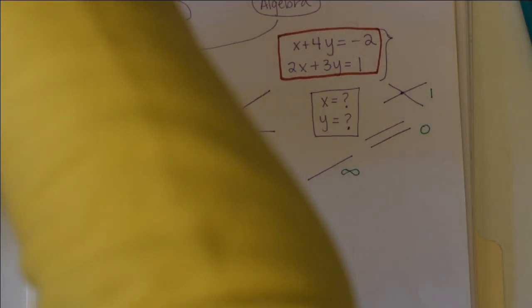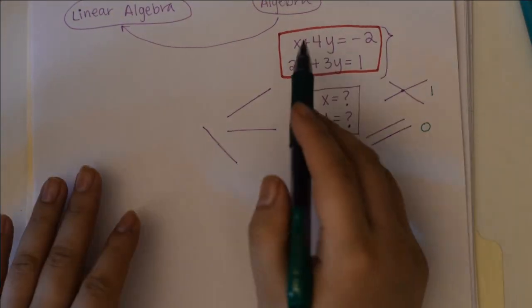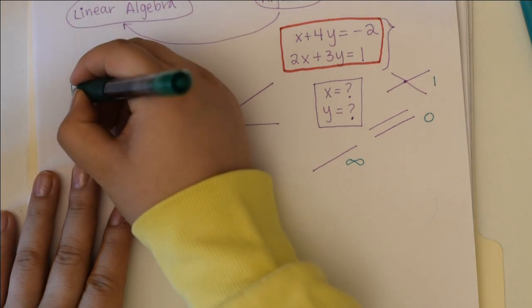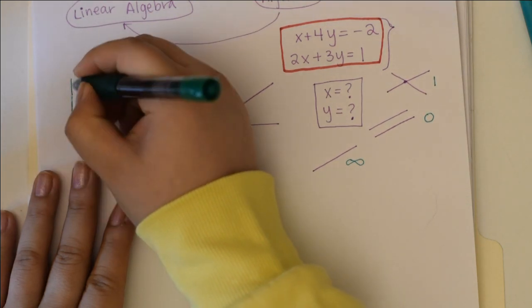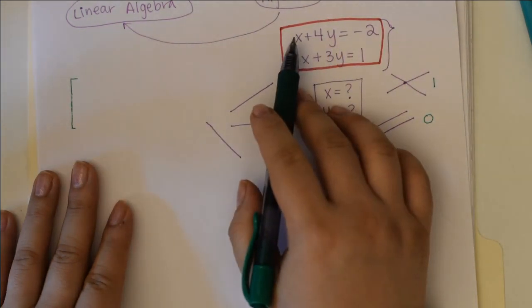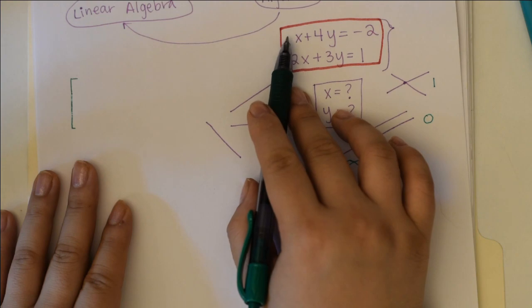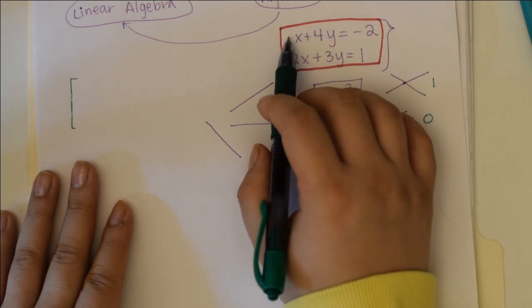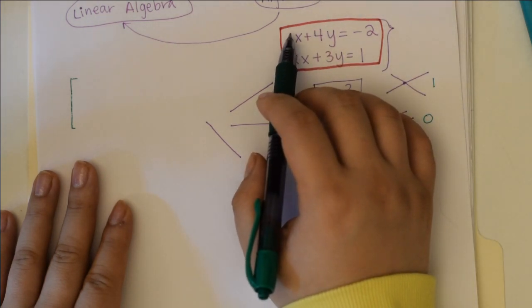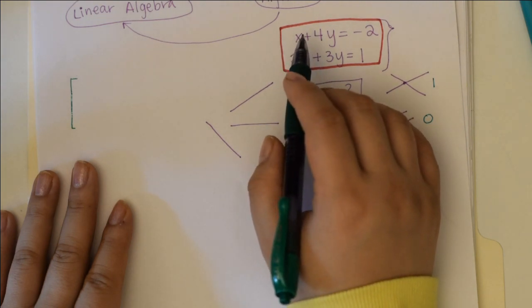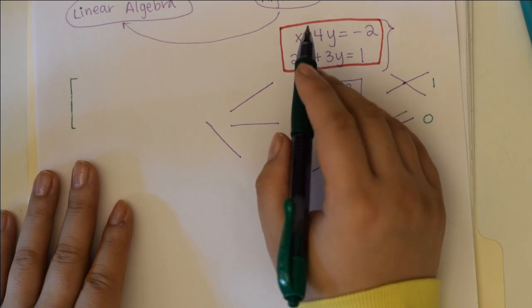So really what we're going to do is take this. Take the coefficient. The coefficient of x is 1. You don't see a 1 here, but we know that 1 times any number is itself, because 1 is the multiplicative identity.